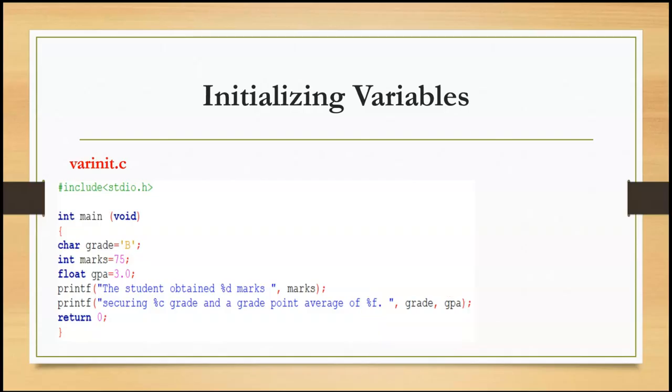So the first printf statement prints "The student obtained 75 marks", and the second printf statement prints "securing B grade and a grade point average of 3.0". Please notice that we haven't used the new line character at the end of the first printf statement. Therefore, these two printf statements will actually be printed as a single line in the output.